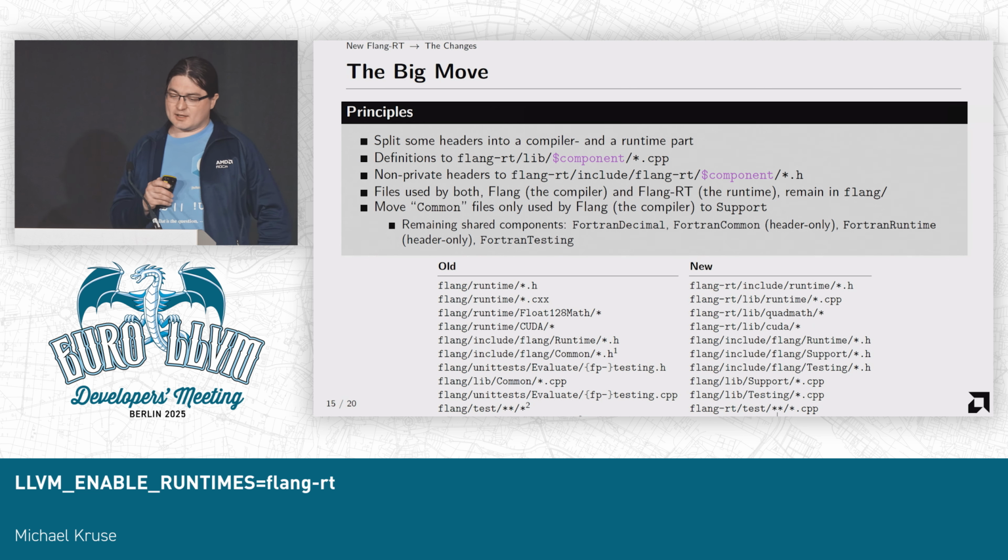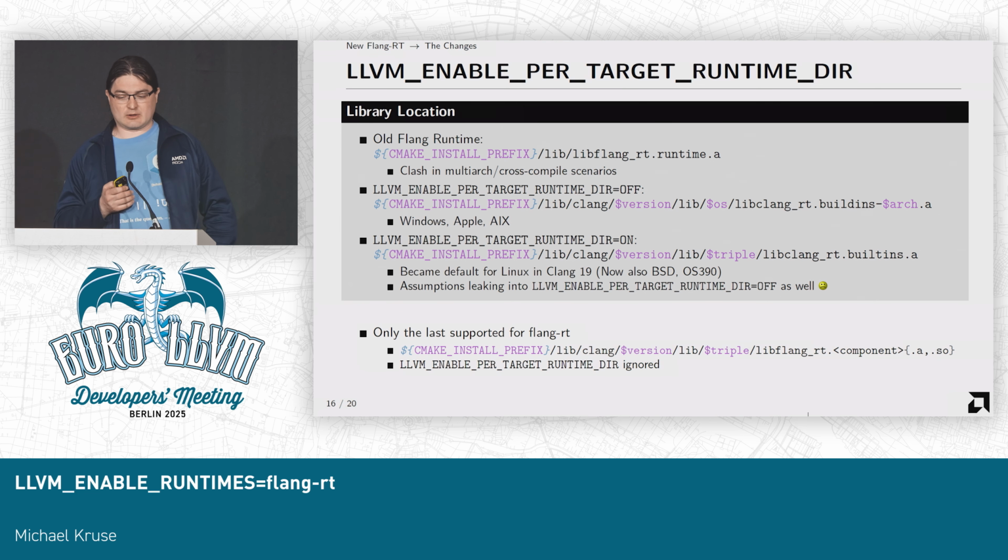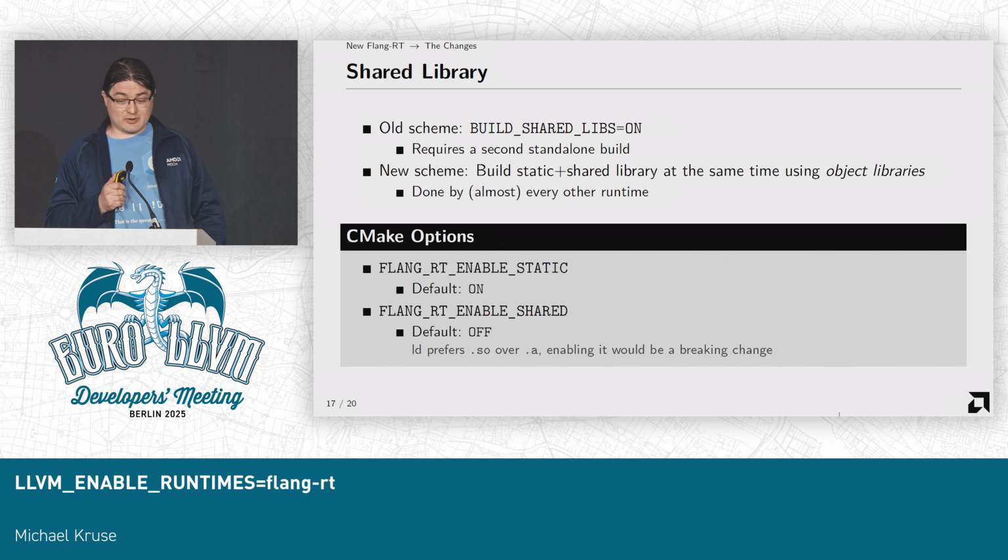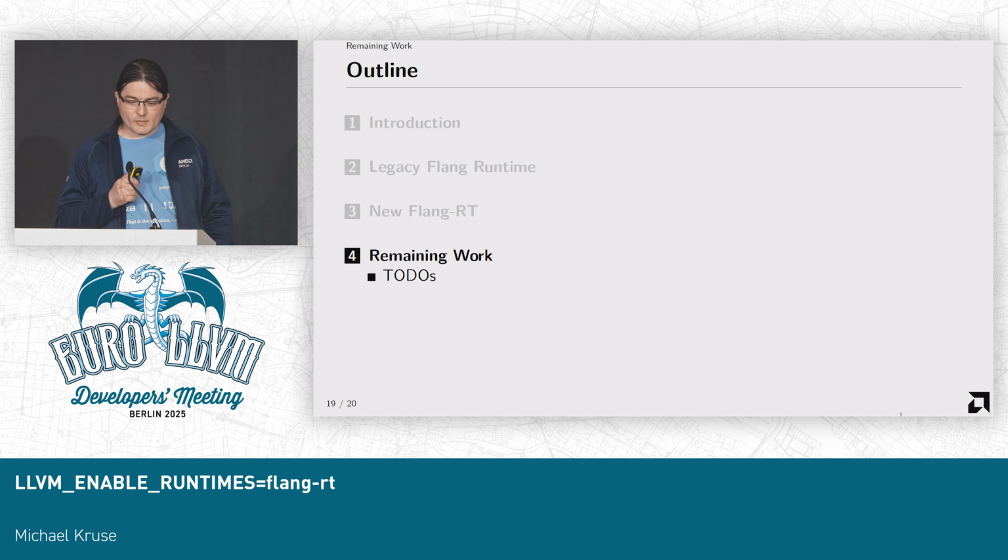There were some compromises, but in total it worked out. There's some complexity in where the library actually is. I'm running out of time, so I have to skip things. Shared library is also something more consistent with the way it's used with the other runtimes.